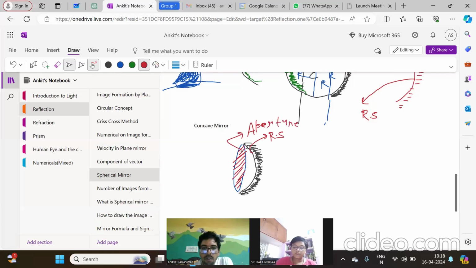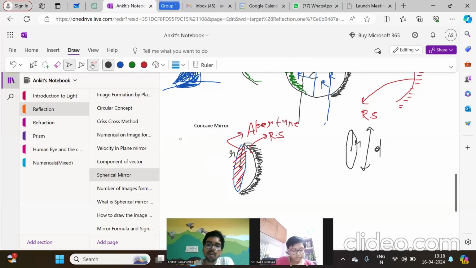This disc shape is known as the aperture, and this is the center of this aperture. From the center to here is known as the radius, r. Or we can say this entire thing from here to here is known as the diameter of the aperture.